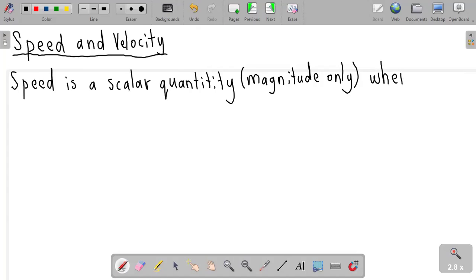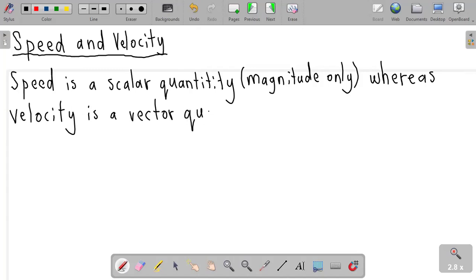Whereas velocity is a vector quantity. Oh, sorry, the spelling over here is wrong.